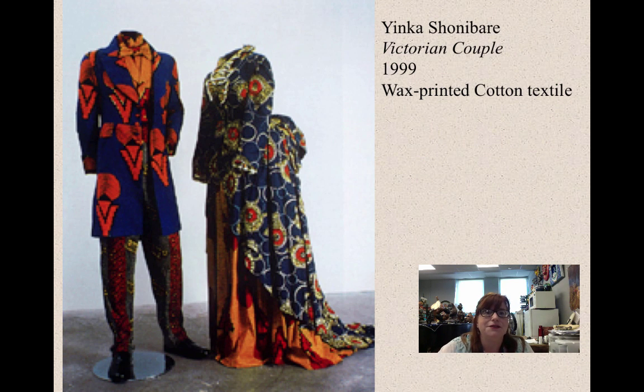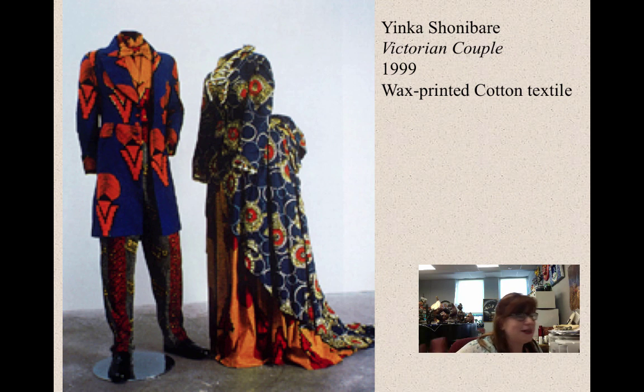So this piece here, this is by an artist and fashion designer named Yinka Shonibare. And Yinka is from Nigeria. And this is contemporary. This is from 1999. But what he's done is he's taken Victorian clothes. And Victorian clothes would have been like late 19th, early 20th century, and he's put them in contemporary, colorful printed designs that are actually something that you would see in today's Africa.